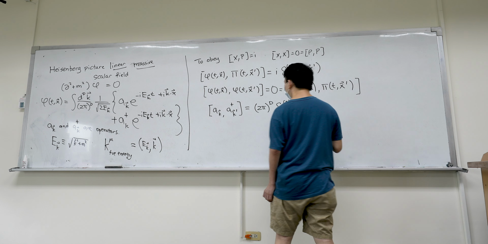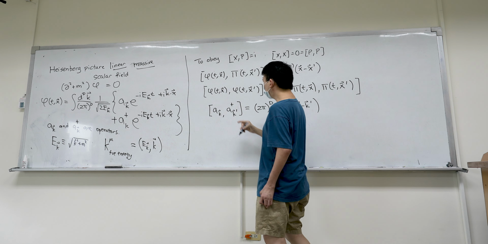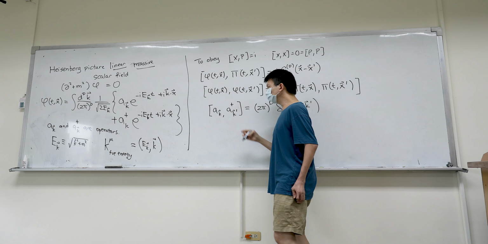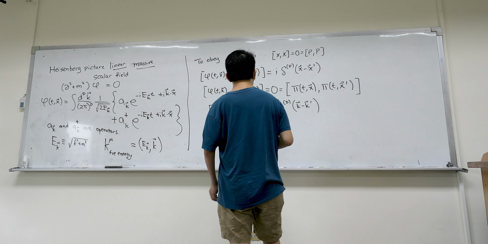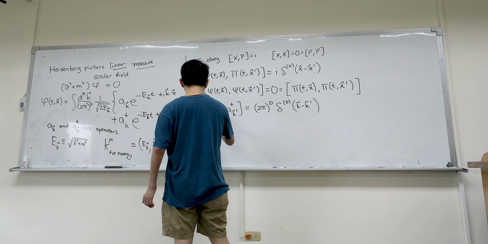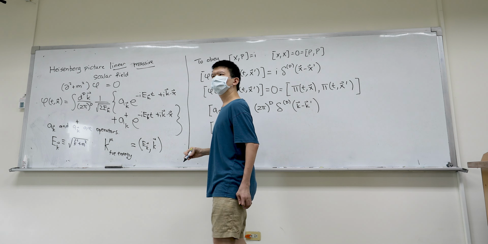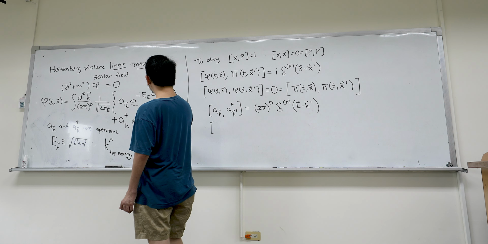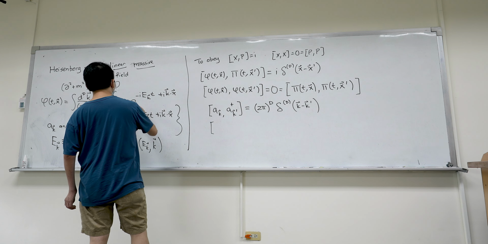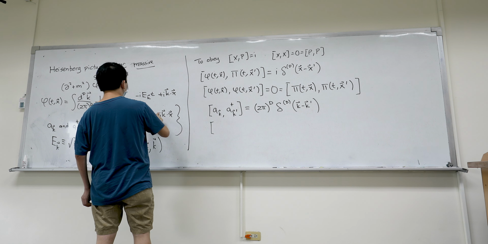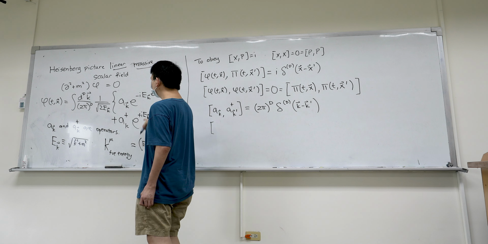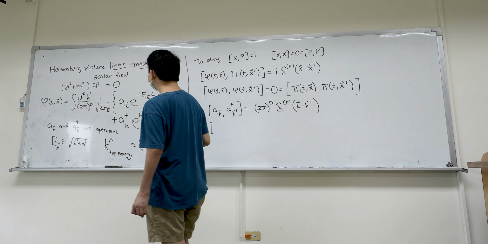In other words, A and A dagger commute except when their momenta are equal. Plus and minus, this one? Yeah, oh, thank you. Minus, plus, and then minus. Yeah, they better be the Hermitian conjugate of each other, right?